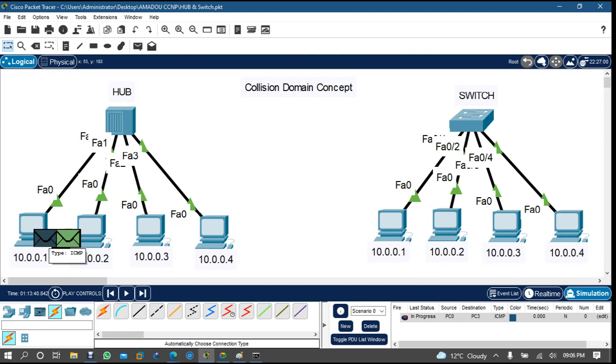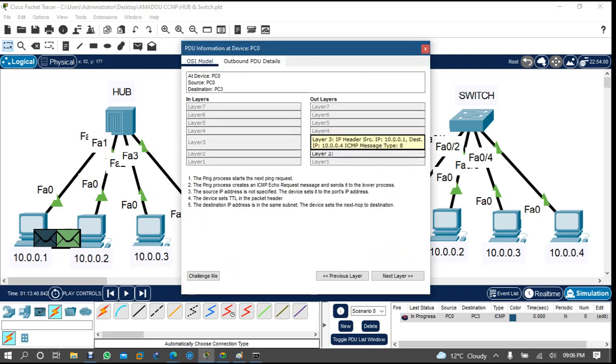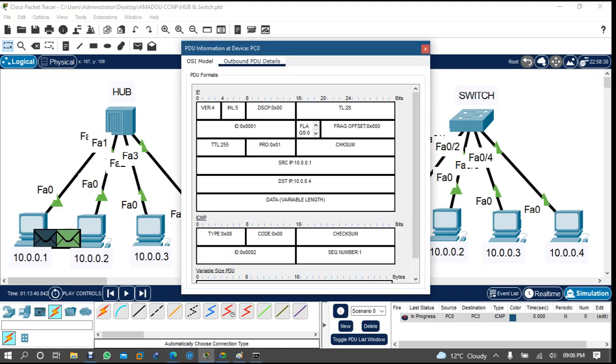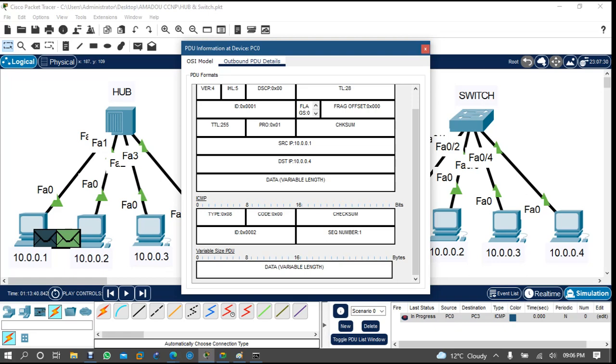So instead of sending the ICMP packet, which packet is computer A sending first? The ARP packet. Why? Because if you click on this ICMP packet and come to the outbound PDU details, it shows that I have the source IP address, and of course the destination IP address, because when you ping someone, you know the destination IP.